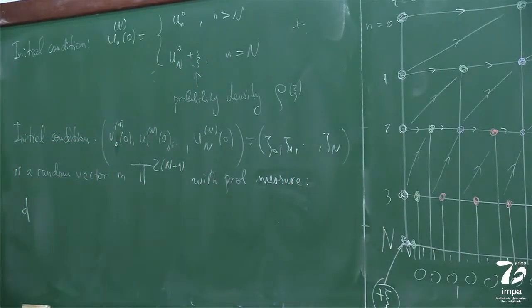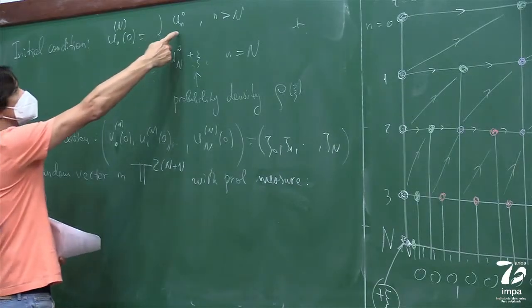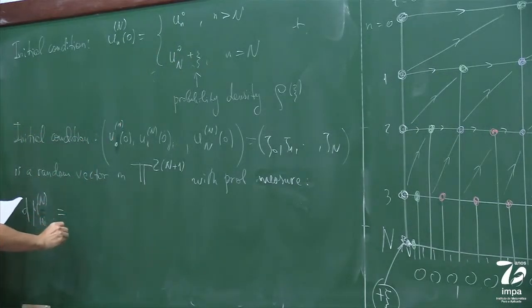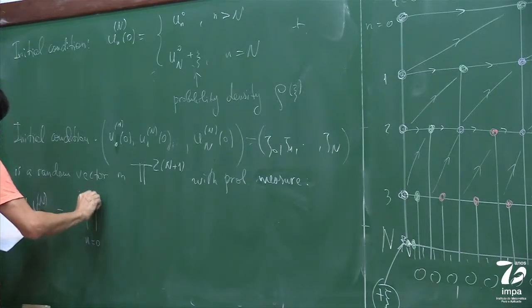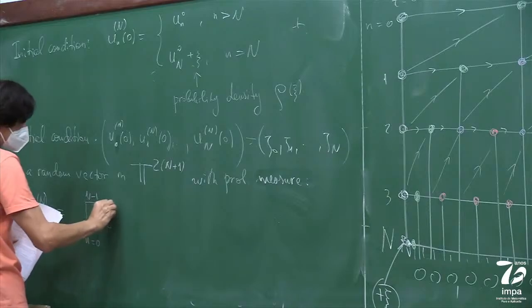The initial probability measure, mu_ini, for the N-regularized problem. So what it is for the first variables is deterministic, so it's just delta functions.